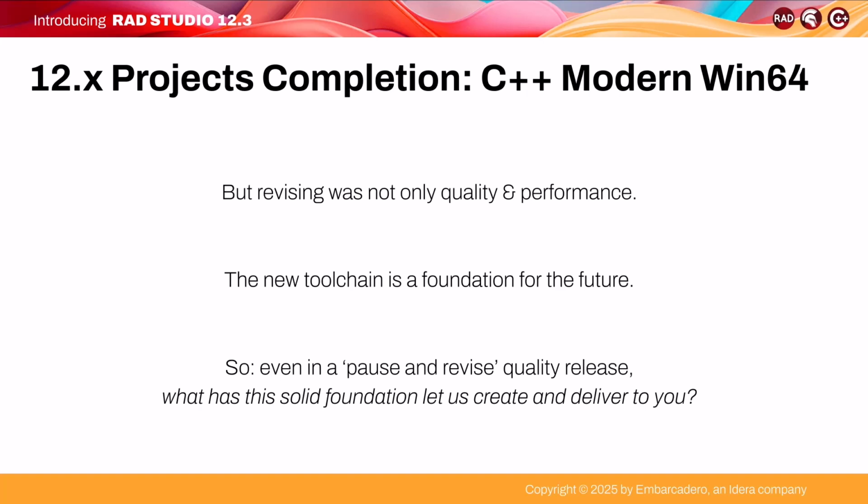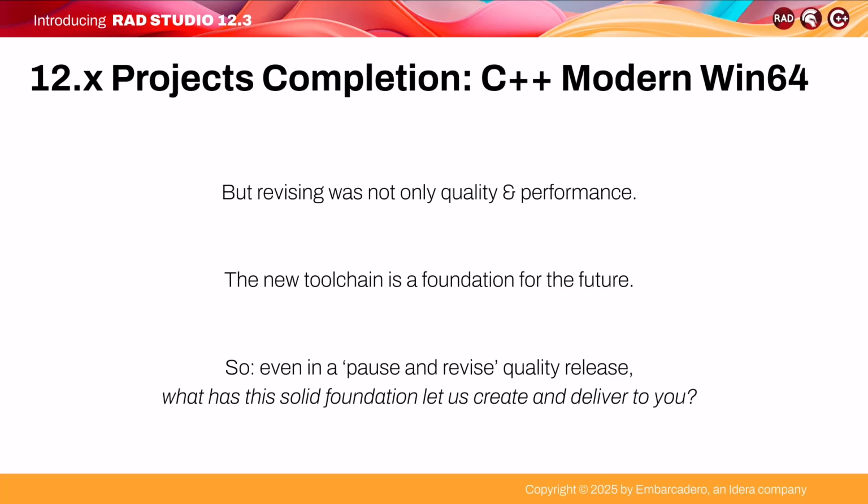The new toolchain lets us deliver really valuable and useful things to you, things that make your code and your apps better, where better is safer, more stable, more robust, more performant, higher quality for you and your customers. So, even in a quality release, what kind of things has having this foundation let us deliver? Well, it turns out we added a couple of great new features too.